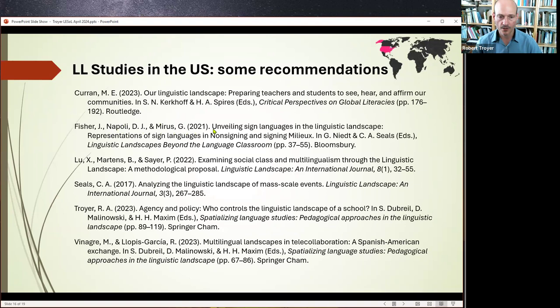Fisher et al., Unveiling Sign Languages in the Linguistic Landscape. This is the first article that I know of that documents signed languages in the linguistic landscape. And this has been very difficult to do in the past because sign languages don't have a written alphabet, and so they don't often show up.